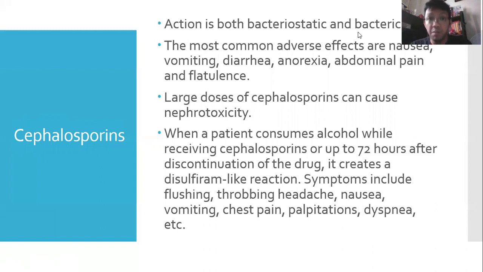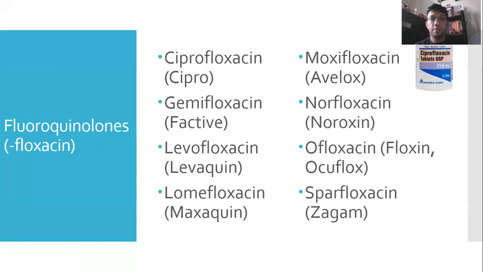So we advise the patient not to take cephalosporins with alcohol, or else they are going to have a hard time experiencing these signs and symptoms. And tell them if they have stopped taking cephalosporins, they should wait at least 72 hours or 3 days before taking in an alcoholic beverage.